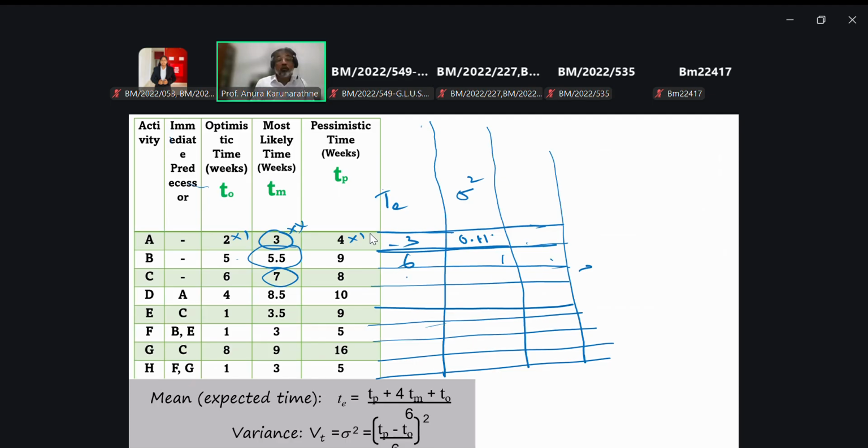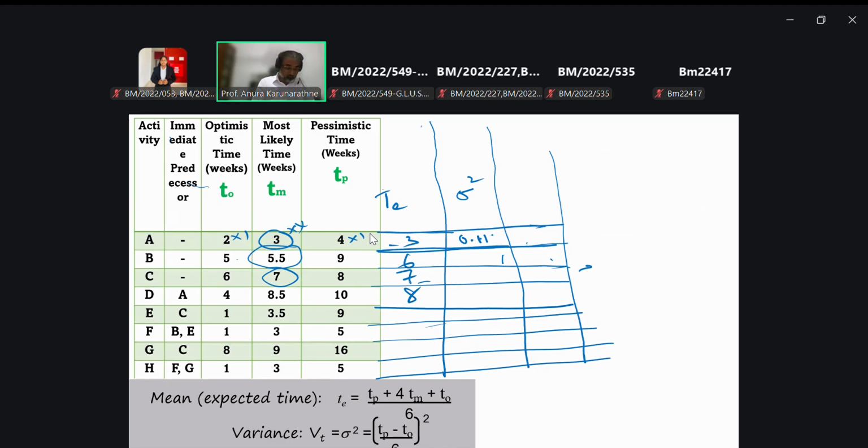Then the answer is 7, right? 8.5 into 4 plus 6. Then 48 divided by 6, 8.